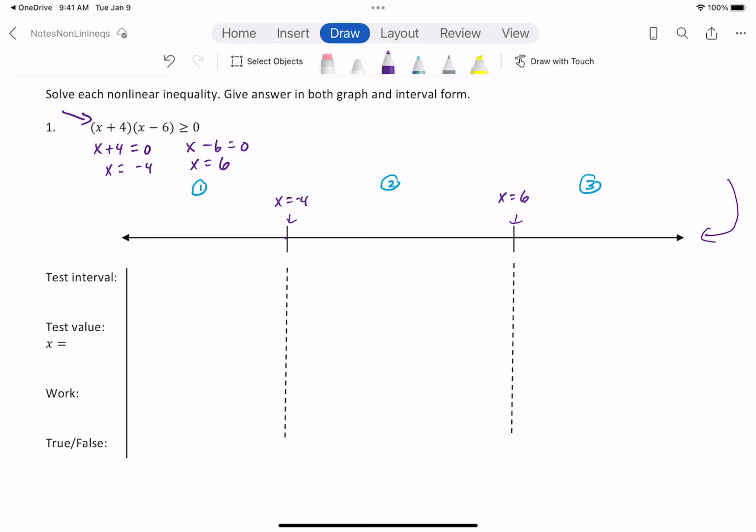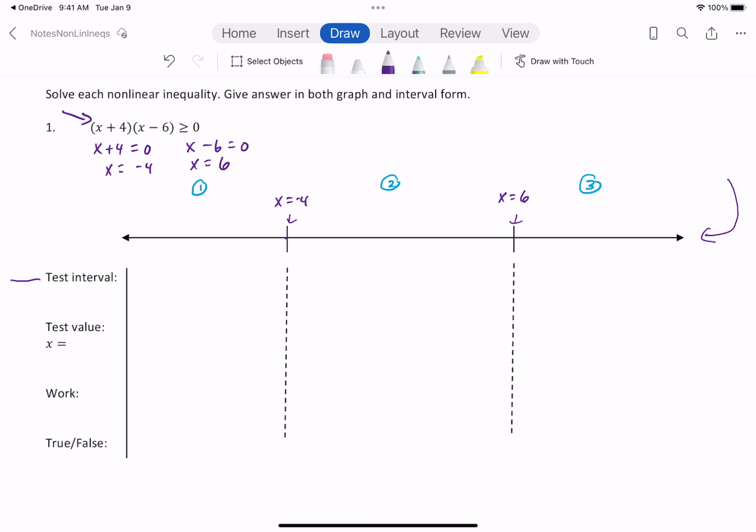Because if it gives something that's true, then that means it satisfies that equation or inequality, so it is a solution. So what we're going to do is choose a value in each one of these three regions, and we're going to test it by plugging it in to see if it gives me a true statement or a false statement. So what we need is a value that is representative of each region.